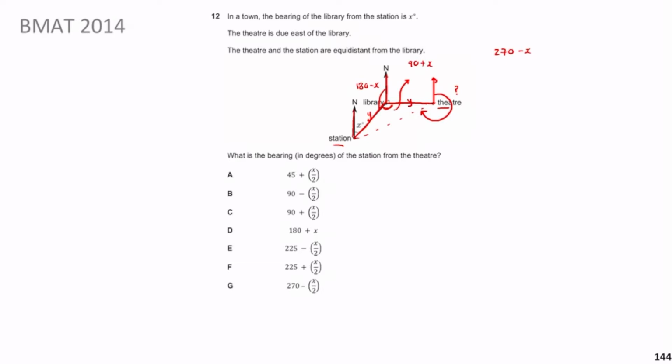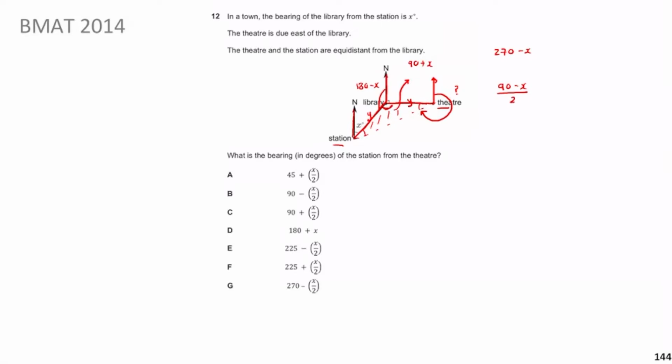Now, since the angles in a triangle have to add up to 180 degrees, the remaining two angles must add up to 90 minus X. But then this is an isosceles triangle, isn't it, guys? Because the Y and Y are the same. So I'm talking about this triangle here. So each of these angles has to be (90 minus X) divided by 2.